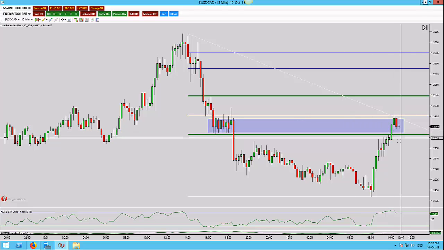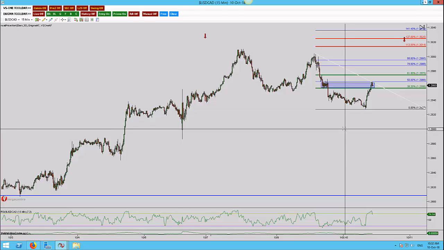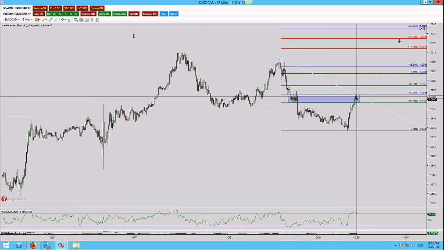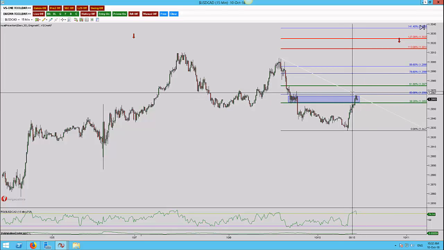I do think we can actually break past that and get up to the 618 fib, but nevertheless, based on this deceleration here, I've not wanted to miss the trade because it still offers a 2-to-1 risk to reward. So it's a high probability trade with a 2-to-1 risk to reward.